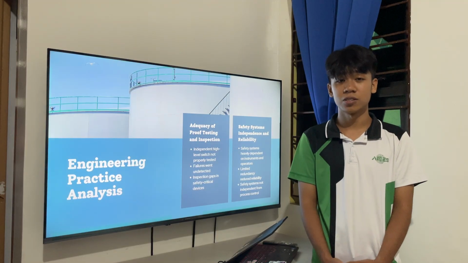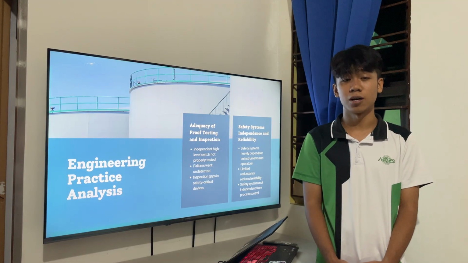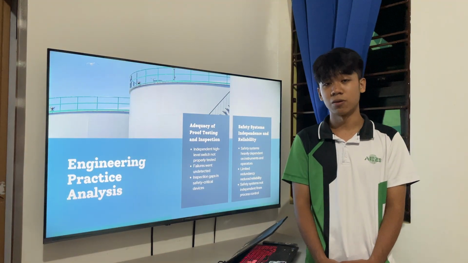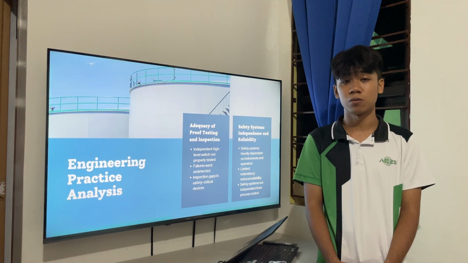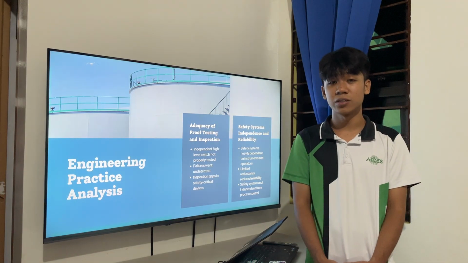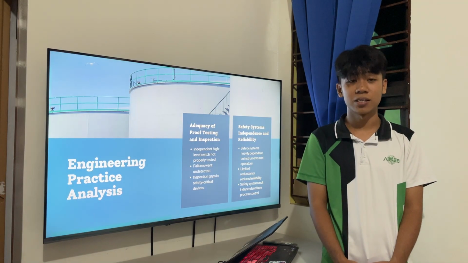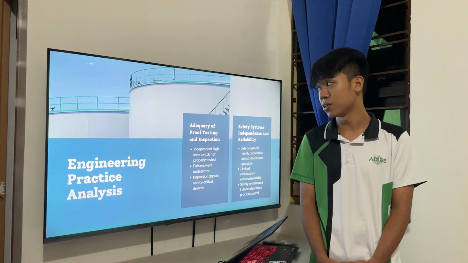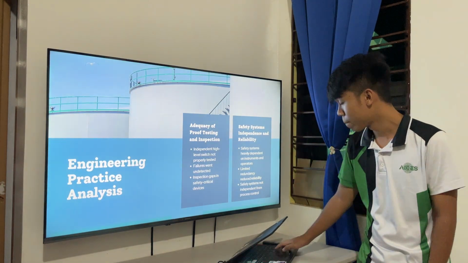Finally, the safety system was not fully independent from the BPCS, or Basic Process Control System, reducing reliability because a failure in the control system could also affect safety functions. These weaknesses in design, maintenance, and system independence contributed to the failure of the facility's protective measures.